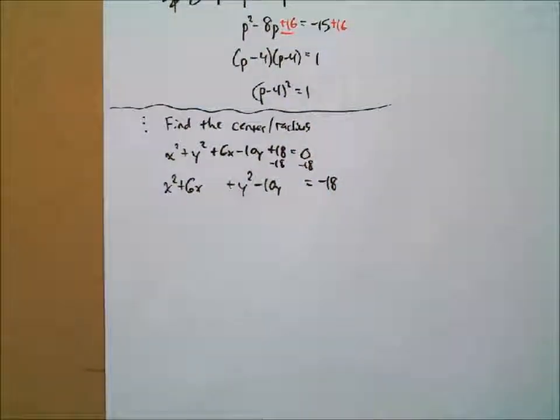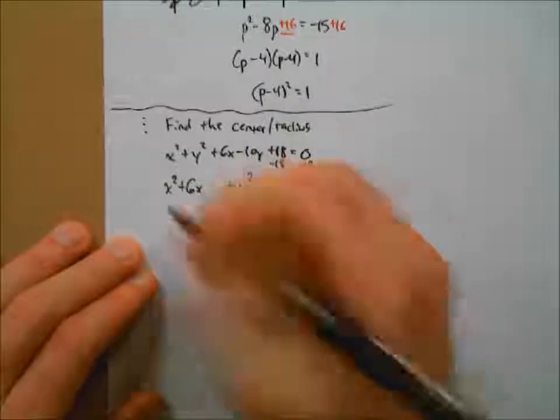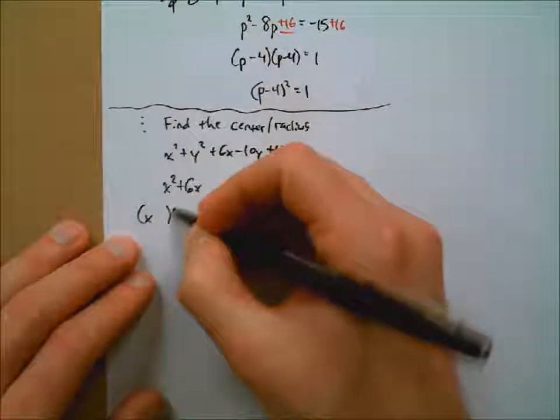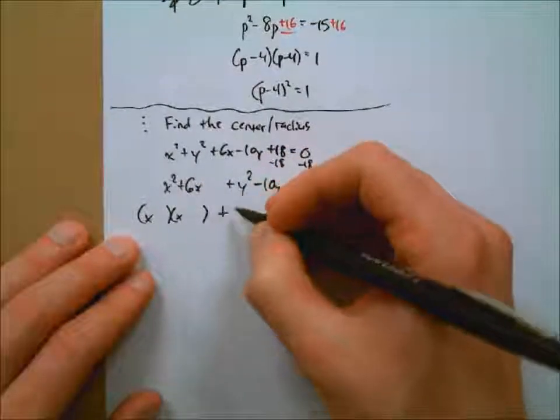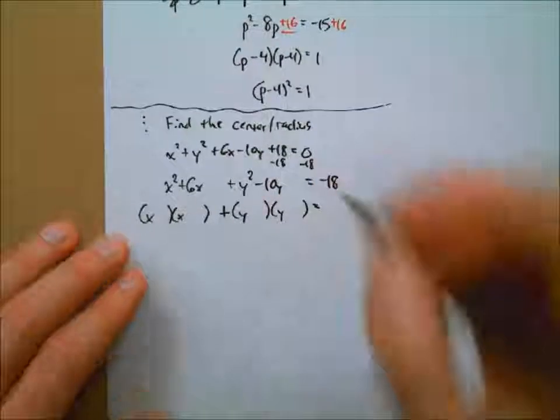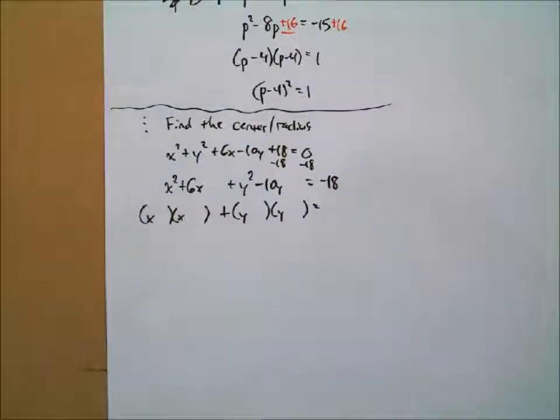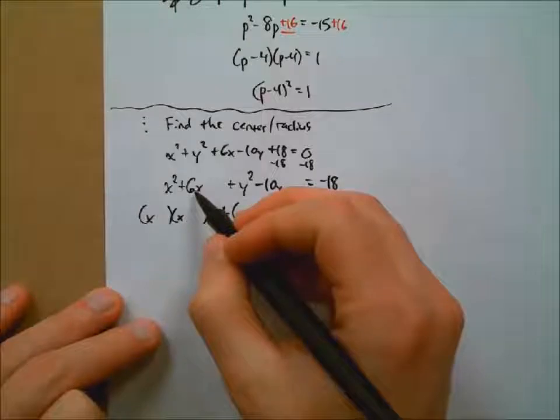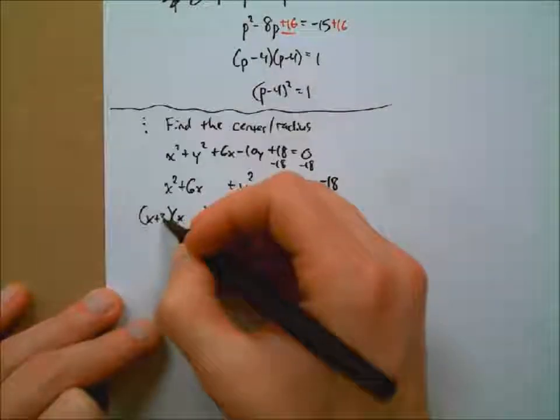All right. So let's look at the x terms here. We'll need an x there, an x here, plus, and then a y there and a y here. For the x's, what number are we going to put in there with the x's? 3, that's right. Again, we need two numbers that add to 6 and are the same, so it'll be 3 and 3.